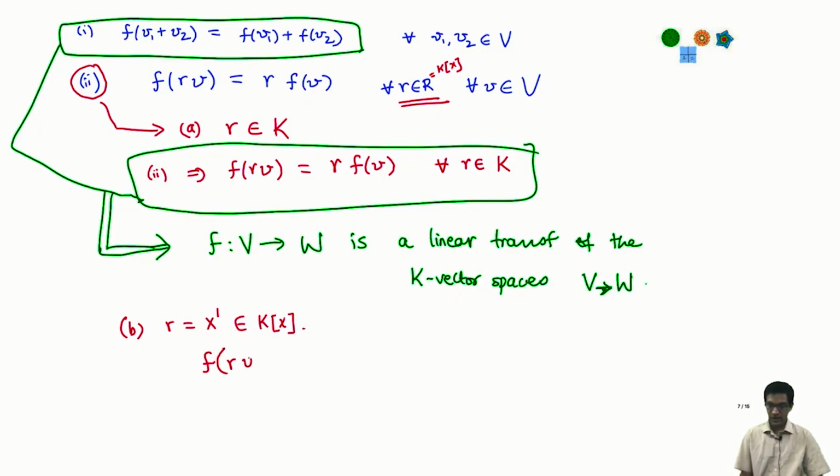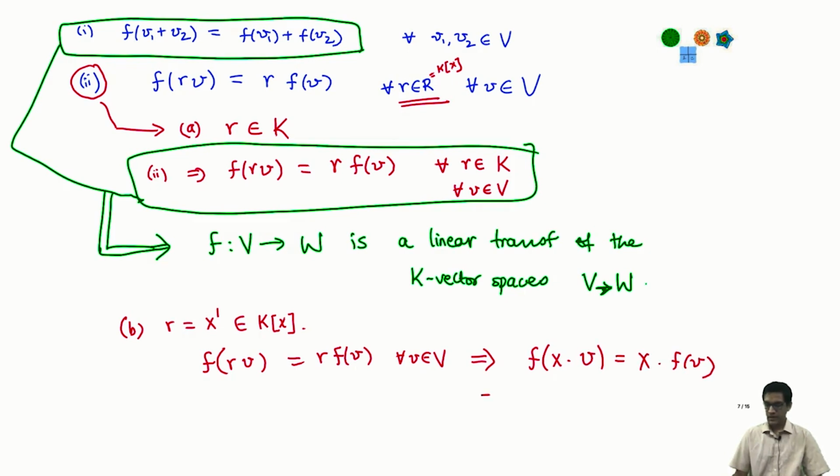Remember, f of rv is the same as r f(v) for all v in V. Now what does this imply? Since r is x, this means that f of x acting on v should be x acting on f(v), and recall that the action of x is exactly given by the action of the operator. So this is the same as S acting on f(v).